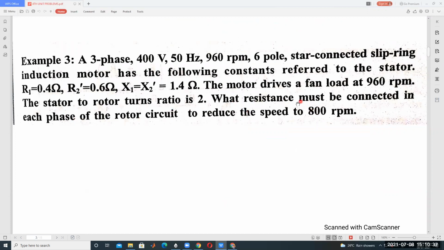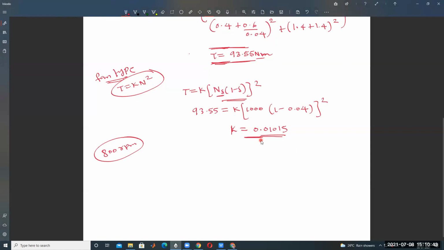What is the resistance that must be connected in the phase of the rotor circuit? Directly compare T is equal to K N squared for both. T is equal to TL. This way also you will get. So first find torque at 800 RPM. TL is equal to K times N squared.